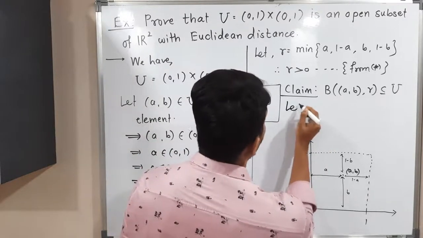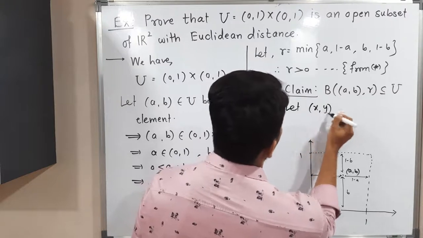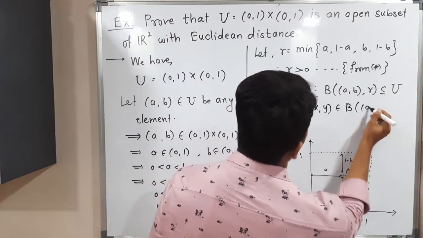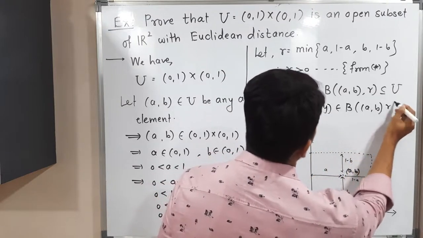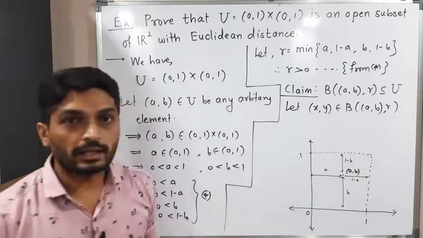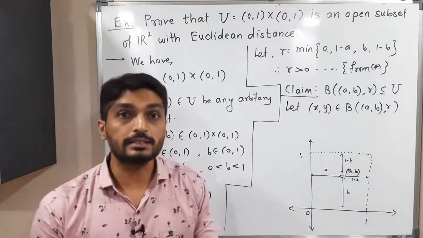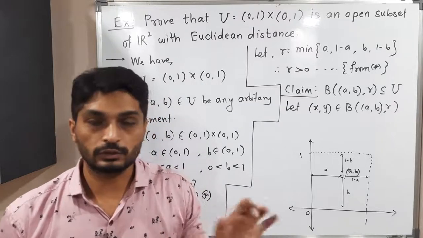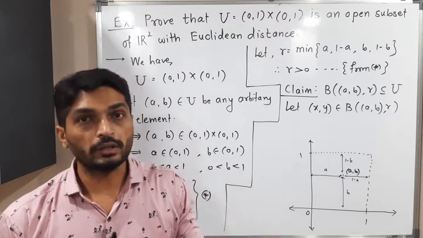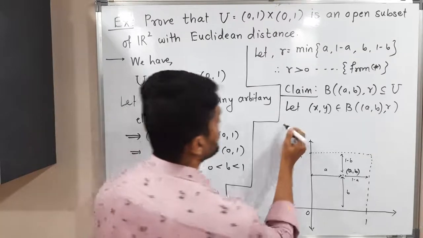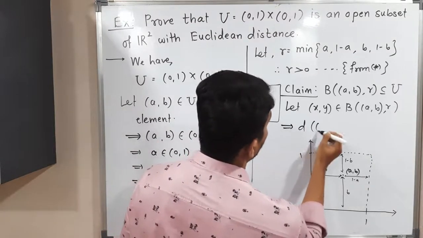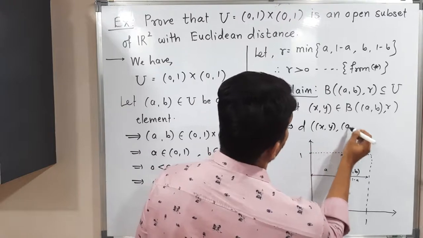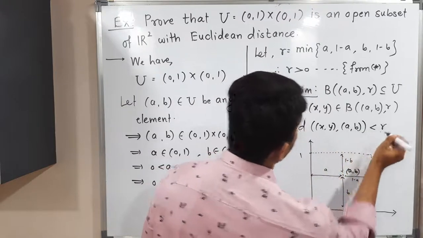So let me take one point (x, y) belonging to this ball B((a, b), r), radius r. The point lies inside a ball, that means the distance of the point from the center of the ball is less than its radius. So we can write: the distance of (x, y) from the center of the ball is less than its radius.